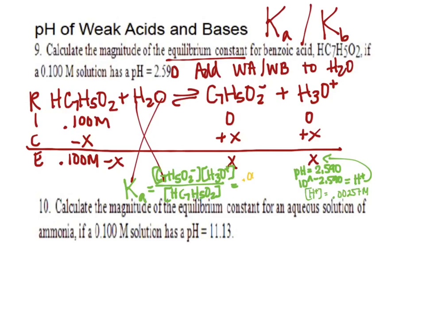0.00257 squared over 0.0974. So what do y'all get for Ka? 6.78 times 10 to the negative fifth.